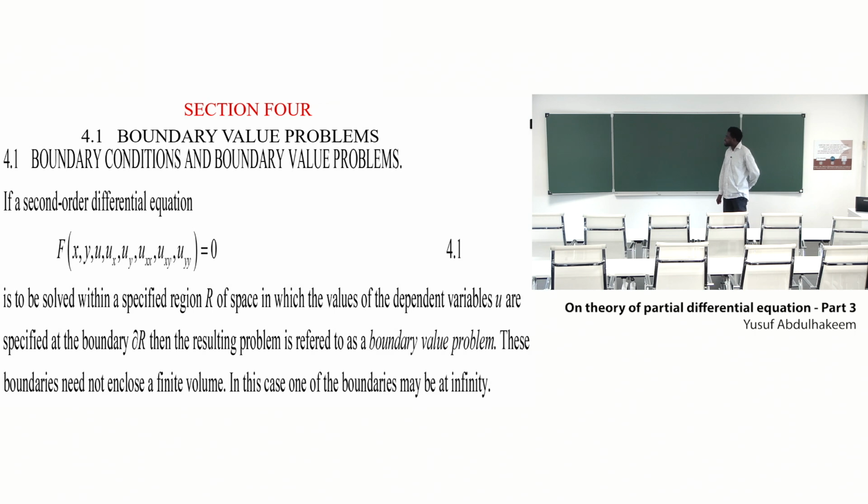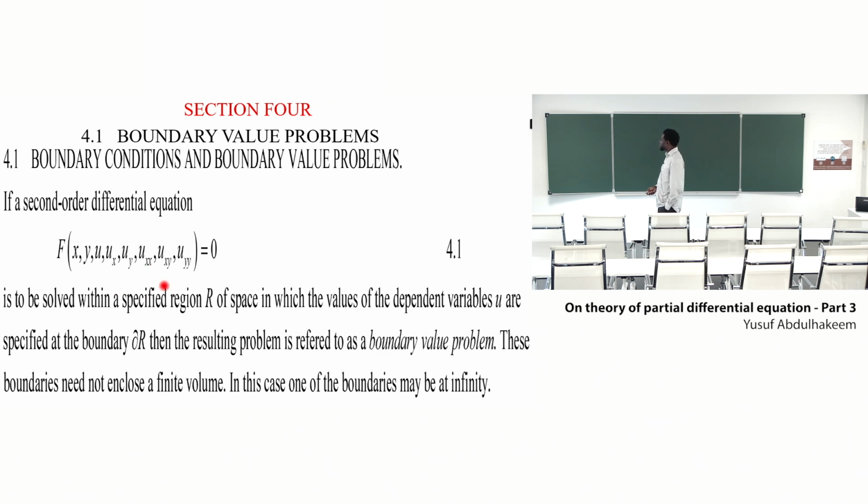What do we understand by a boundary value problem? Let's look at this theory here. This says that a second order differential equation, which is given here in 4.1, is the general form of a second order partial differential equation. We can see that the two independent variables here are x and y, and the unknown function is u.